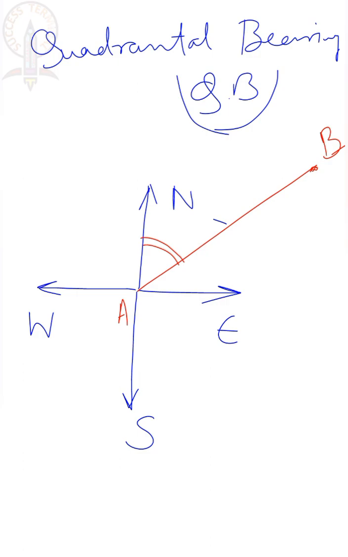Let's draw here. This is our north, this is our south, this is our east, this is our west. Now here, in case of whole circle bearing, we are measuring any line with respect to north only. There is no east, no south, no west.